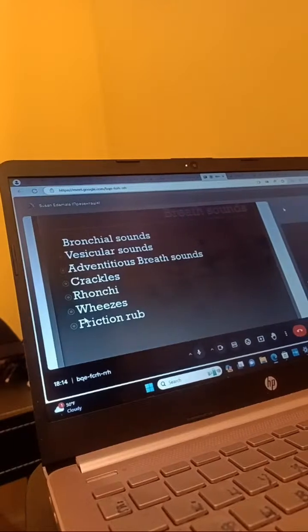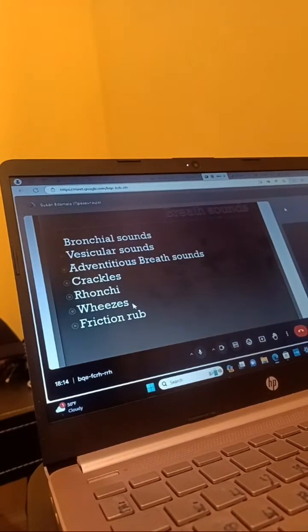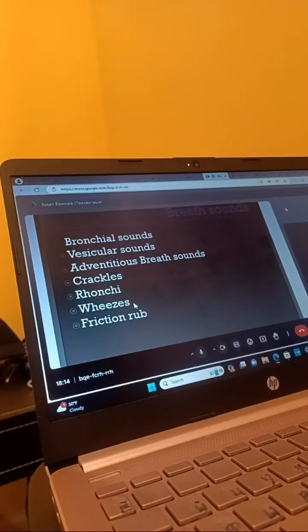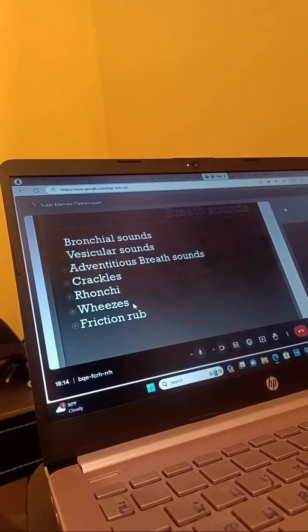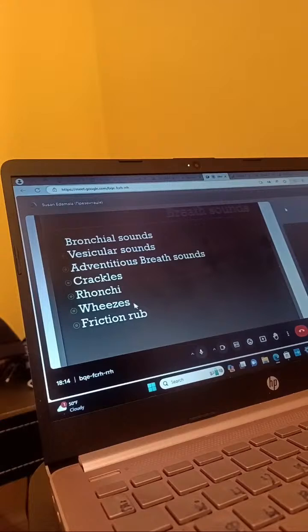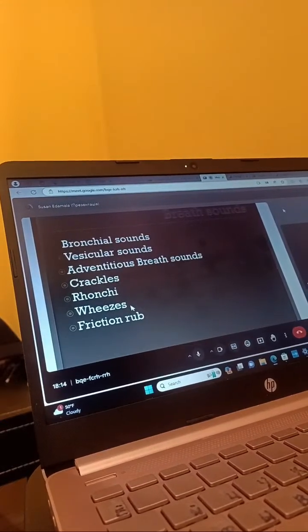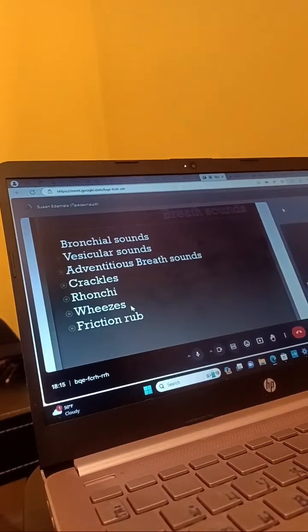That time there is wheezing because the tube becomes narrow. The bronchial tube will be narrow, and the air is trying to escape from the inside to the outside. That's why it is making the wheezing sound. In asthma, it is typically wheezing.